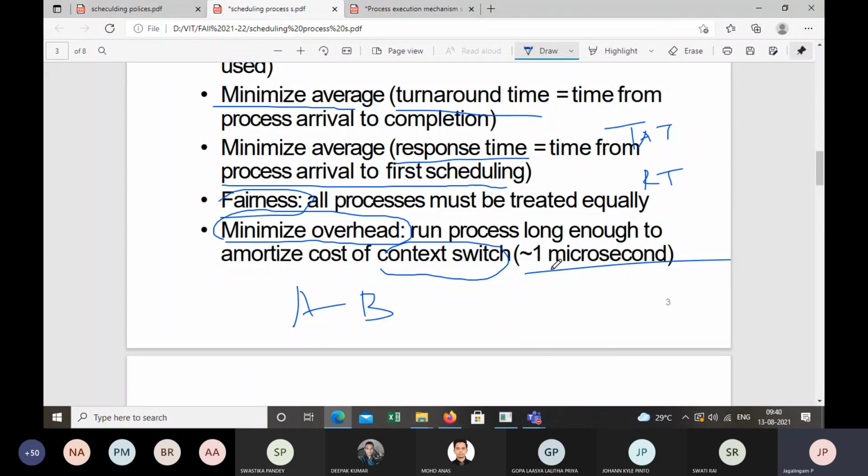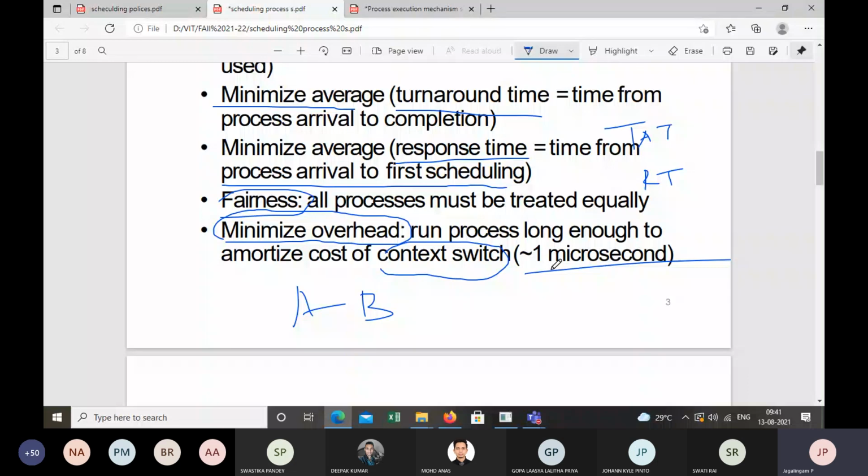What happens if you switch from one process to another continuously? What will happen? So the time will be wasted. Yeah, every time you make a context switch, it takes less than 1 microsecond. Now, if you make multiple context switches over a period of time, it takes a good amount of time.